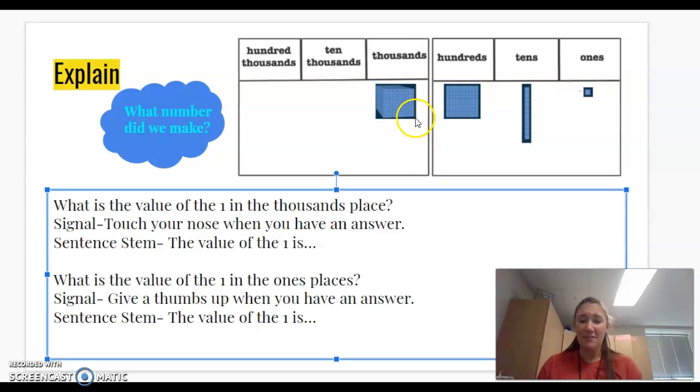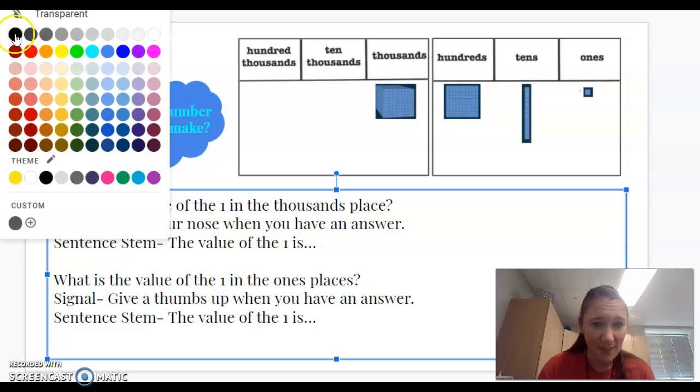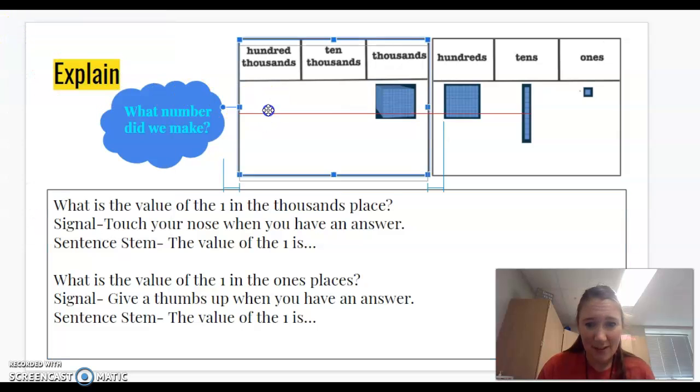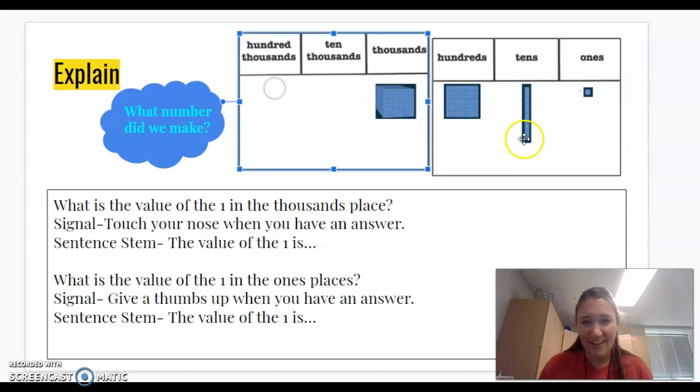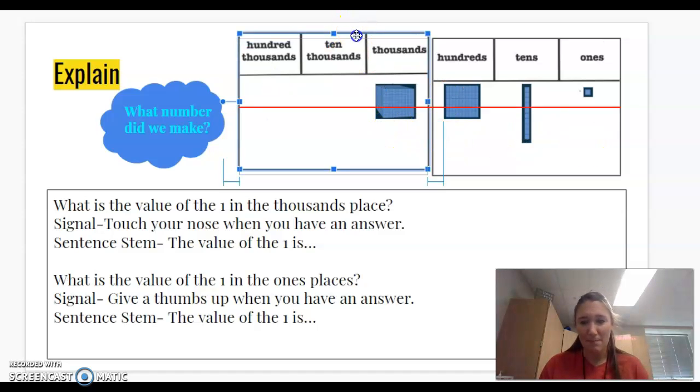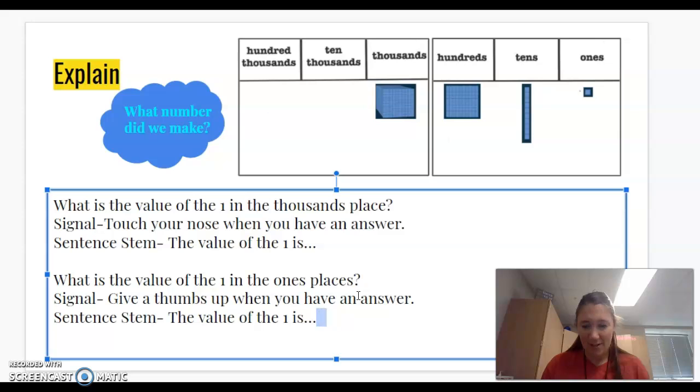We know based off of this chart in our pictorial models that our number after that would be 1,111. Let me see if I can write that on the screen. Okay, I can't. We did a lot of practice with pen and paper. I'll just type it in down here. So the value of our number is 1,111.